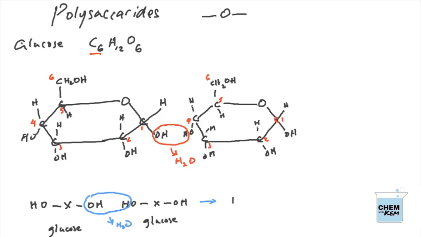So we would have OH from that side, X, then we'd have O, that's the linkage, and we'd have X, then we'd have OH. All right, so this would be a disaccharide. And to actually show the polymer, we would just pretty much convert what we have here into a repeating pattern. We could just do this on a new page.